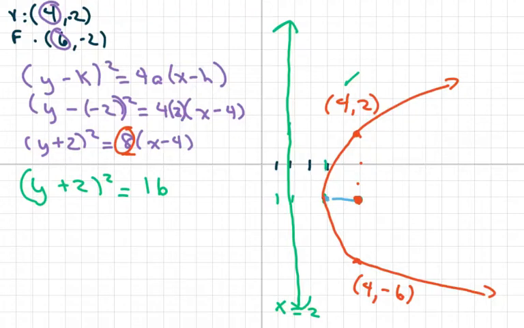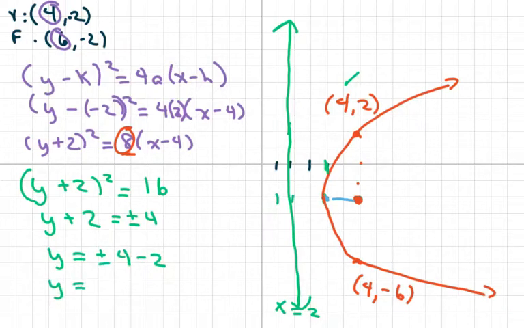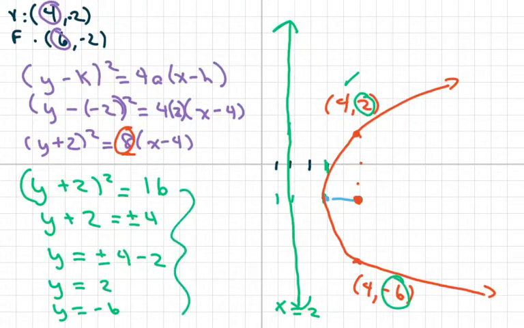If you square root both sides, you get y plus 2 equals plus or minus 4, and then y equals plus or minus 4 minus 2. So y equals 2, and y equals negative 6, which is what we got here. So this is the algebraic way to do it.